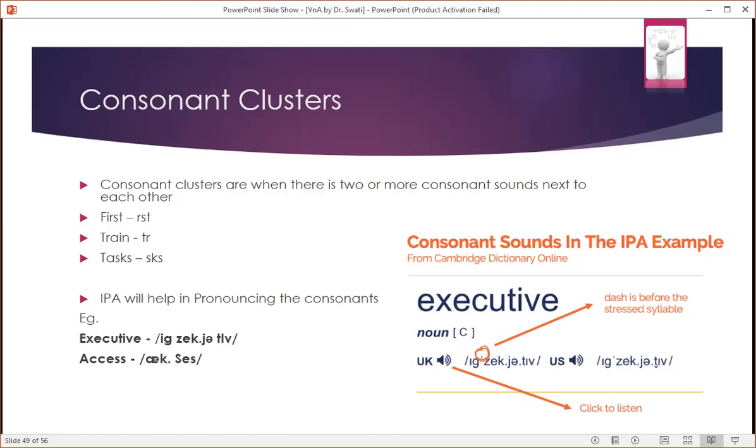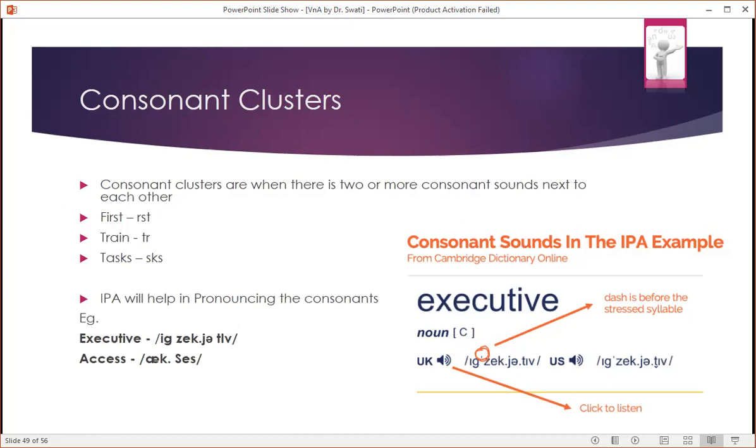So as of now, we understood that if we have to globally improve our accent, we have to follow the IPA symbols. IPA is going to help us learn the pronunciation of the consonant and vowel sounds by learning the symbols.